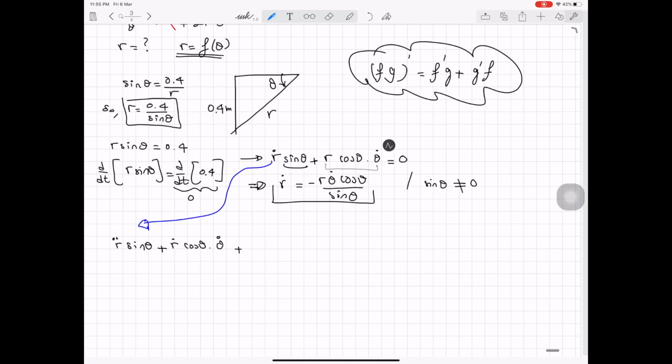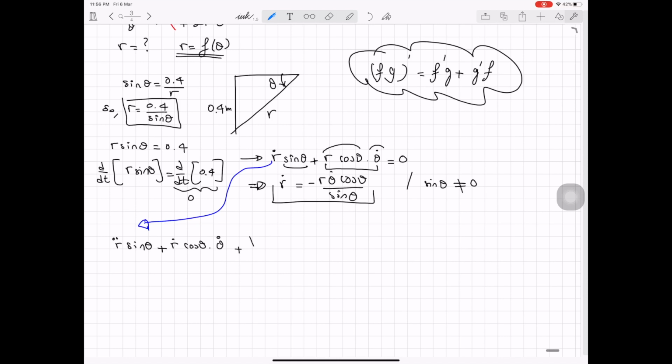You have the product of three functions, and you are differentiating this product with respect to time. So let's take R cosine theta as one piece and theta dot as another piece.